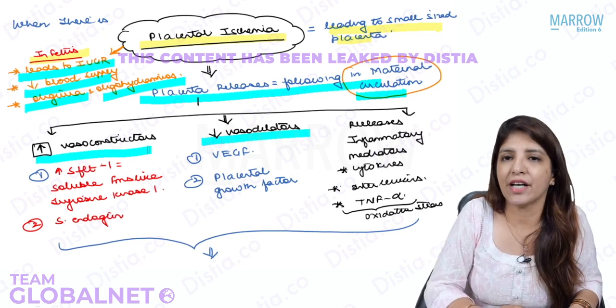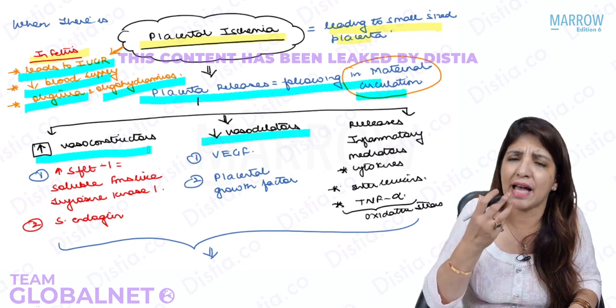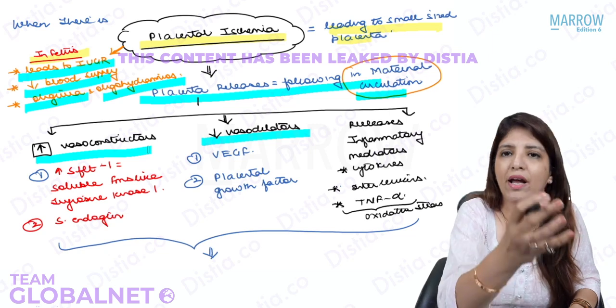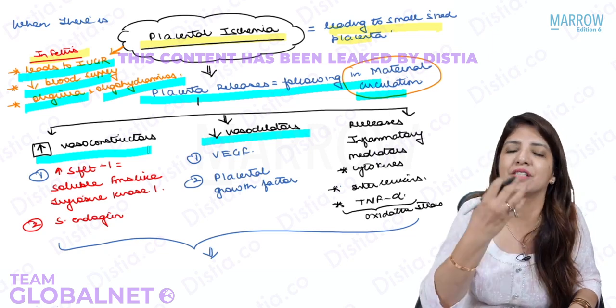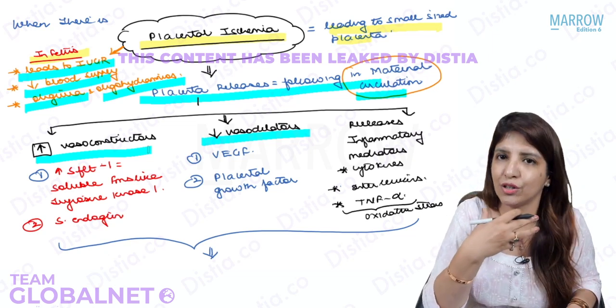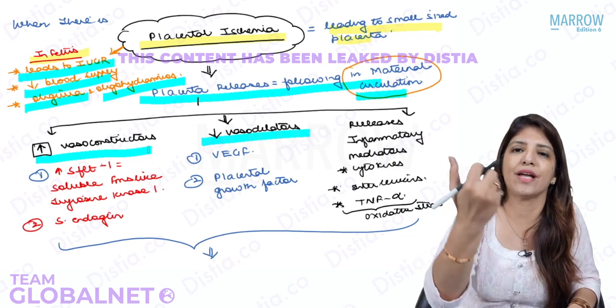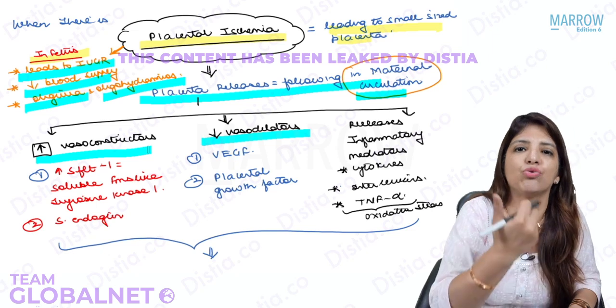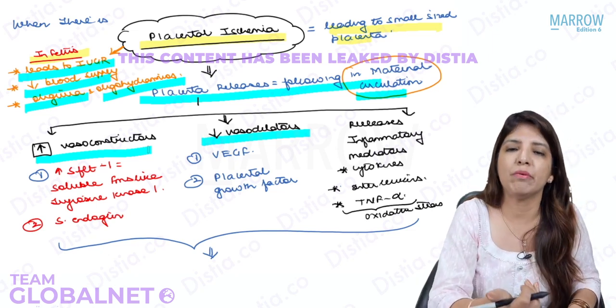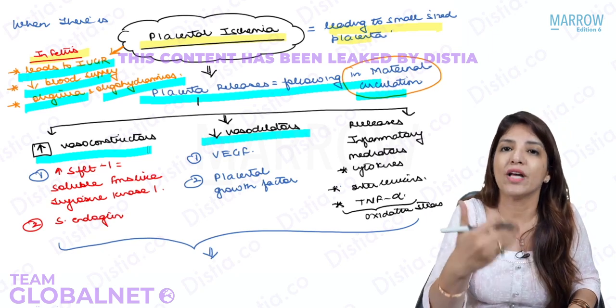So what is this placenta going to do, this angry placenta that the mother had sent me? How dare the mother's spiral arteries give me less blood, right? So this placenta is now going to take revenge, and it is going to send some mediators into the mother's circulation. And these mediators will be the ones which lead to vasoconstriction.